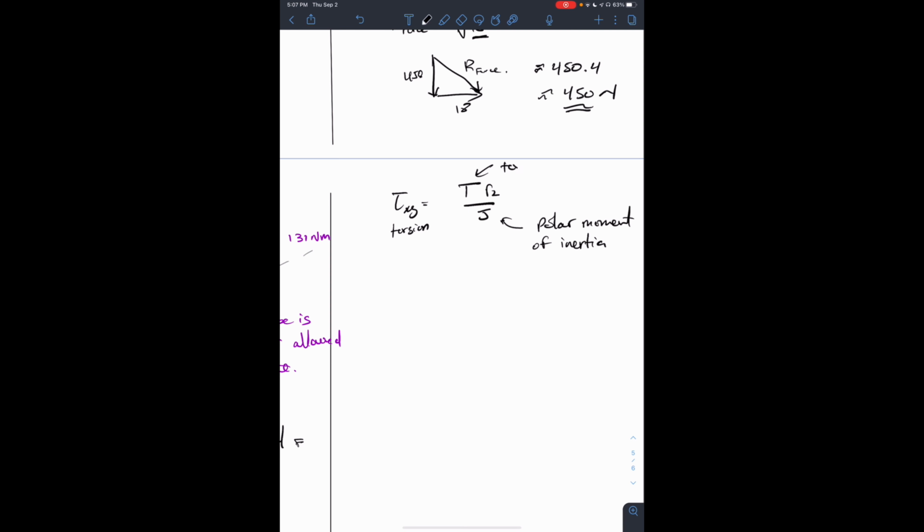T is your torsion, and R2 is the distance to the outermost fiber.